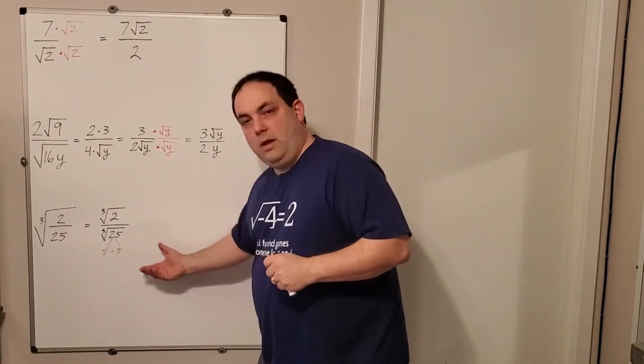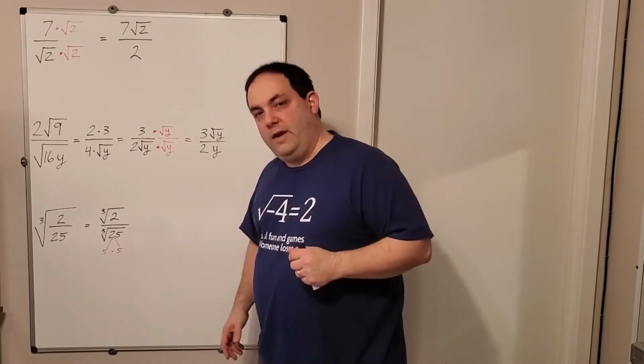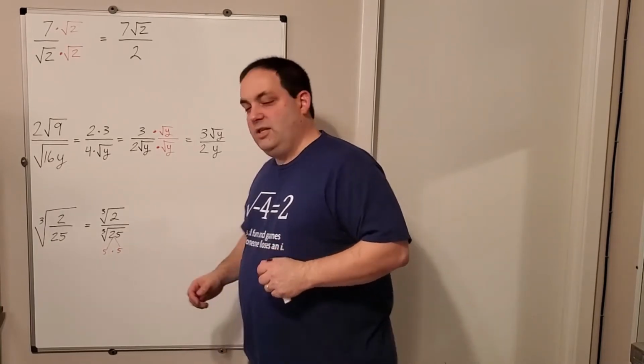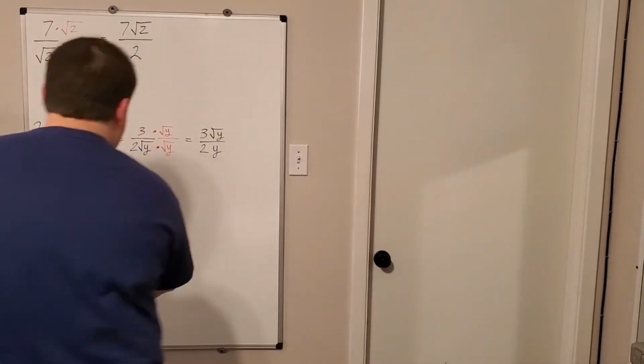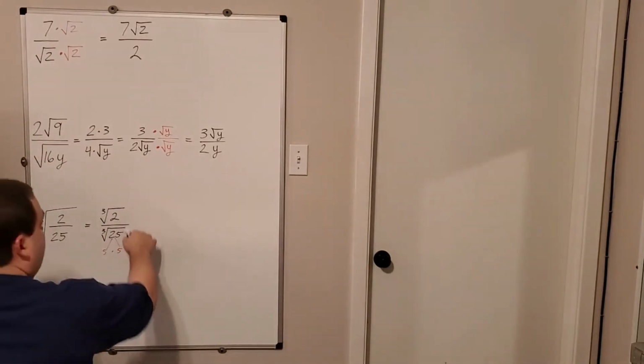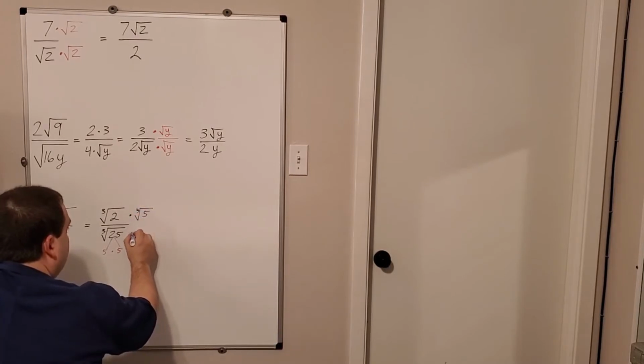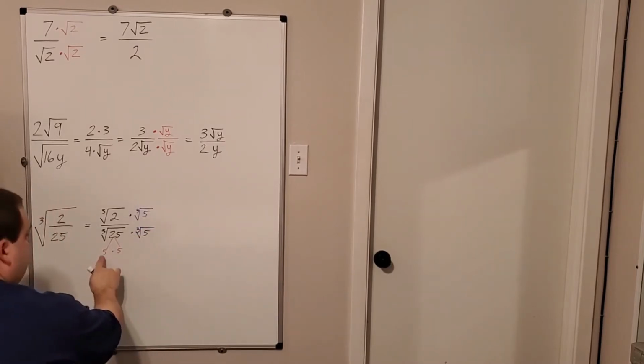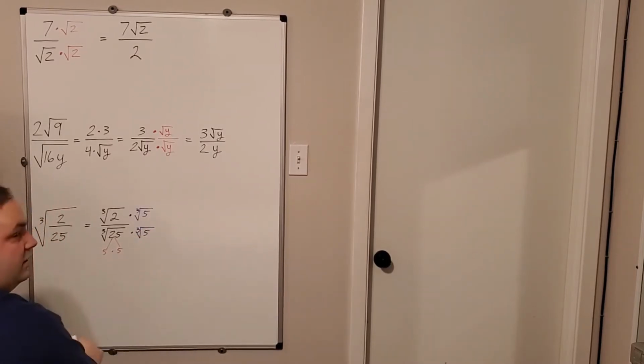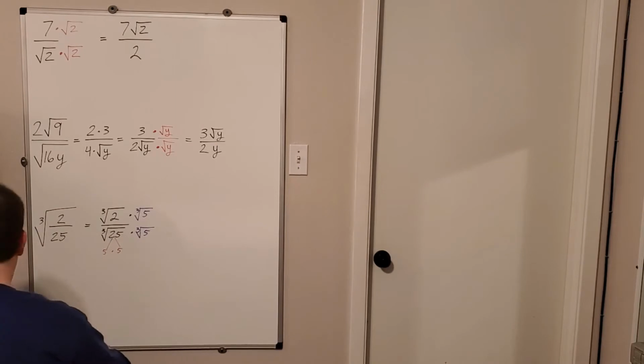I only need to bring in 1 more 5, and then that would match this up. So I'm going to multiply numerator and denominator by the third root of 5. Because notice what that will do is give me 5 to the third in the denominator.